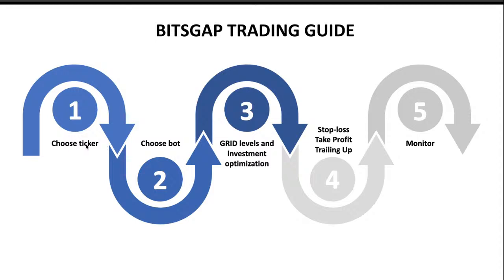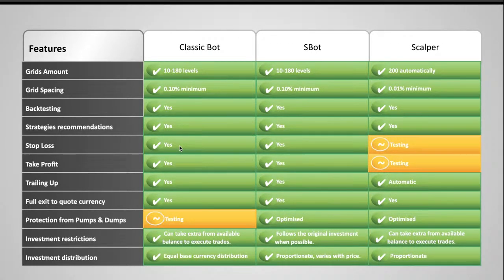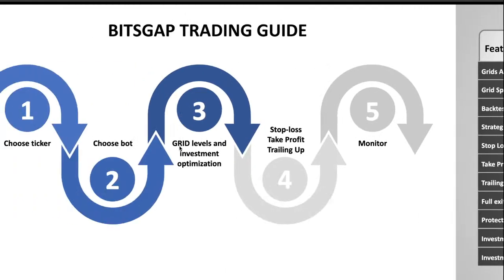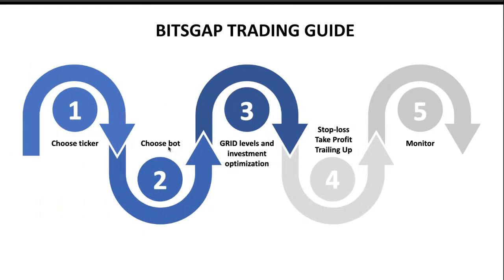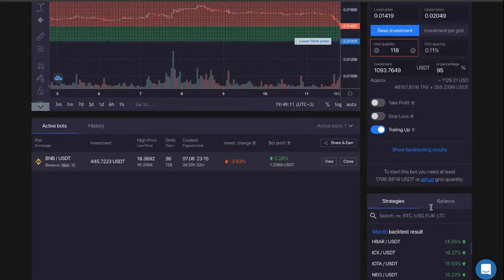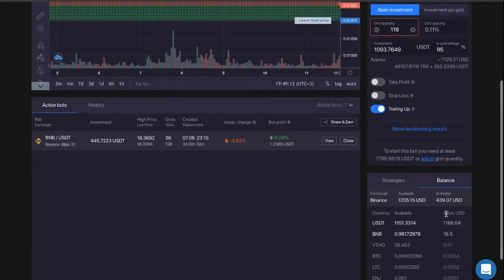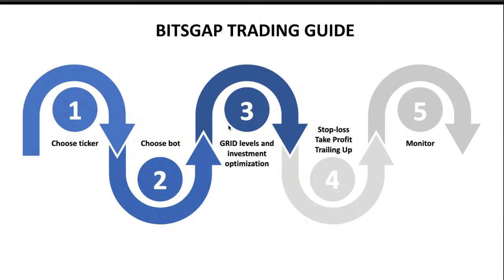After you selected the ticker, make sure that you select the proper bot, and in the next slide I will show you what makes Classic different from the AS bot, and what makes them different from the scalper. Once you've selected the bot, then adjust the grid levels and the investment allocation depending on your currently available balance.